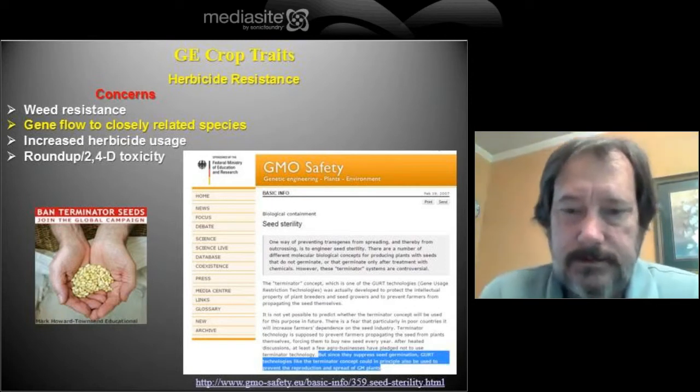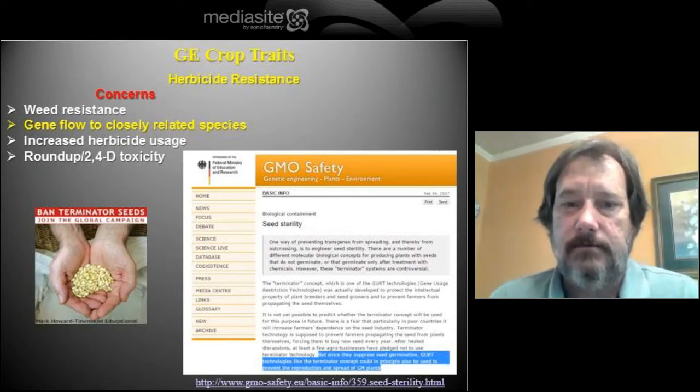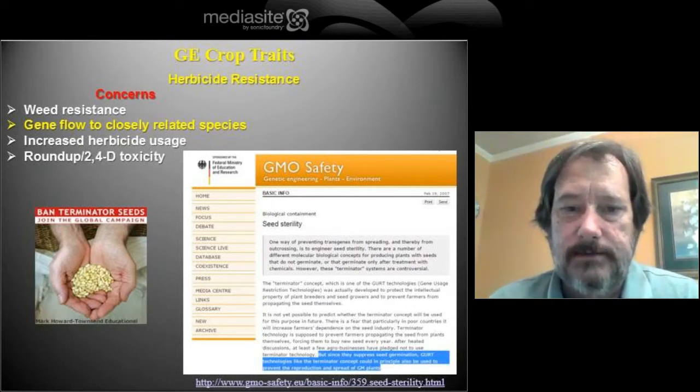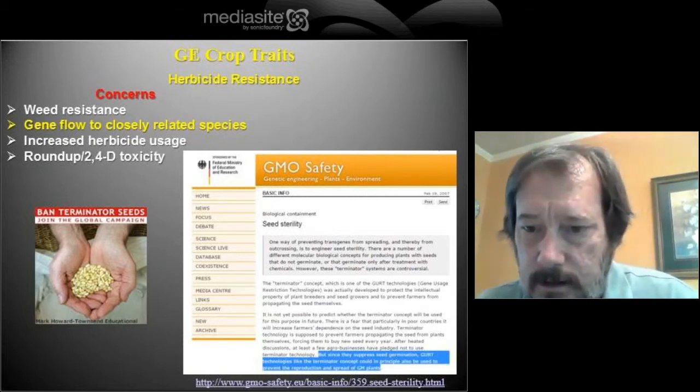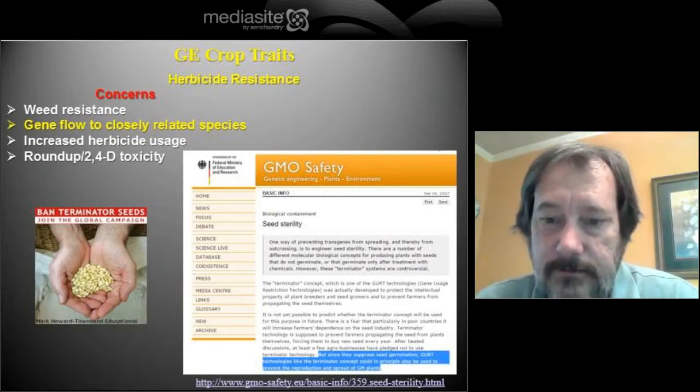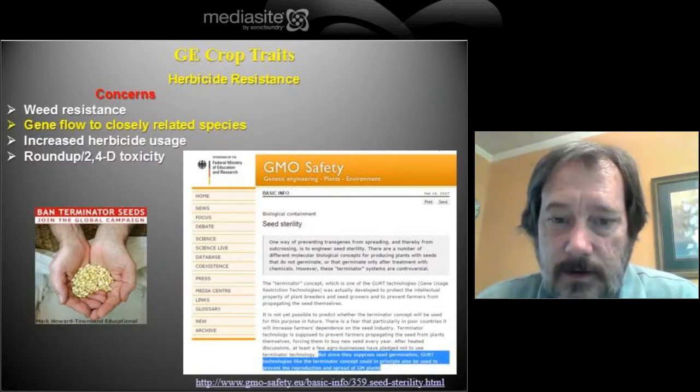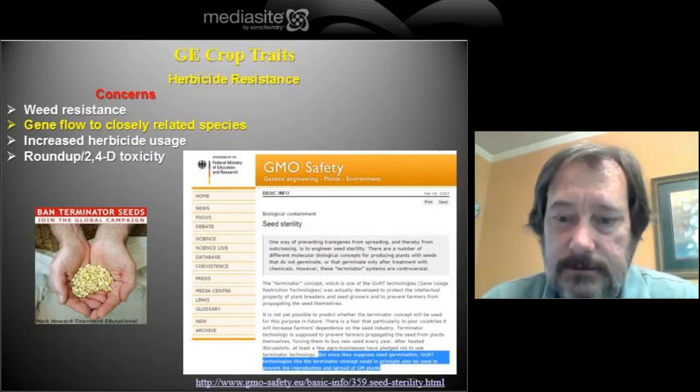Now there is some technology that exists that could help mitigate this, and these are called GURTs, gene use restriction technologies, and you've probably heard them called terminator seeds.